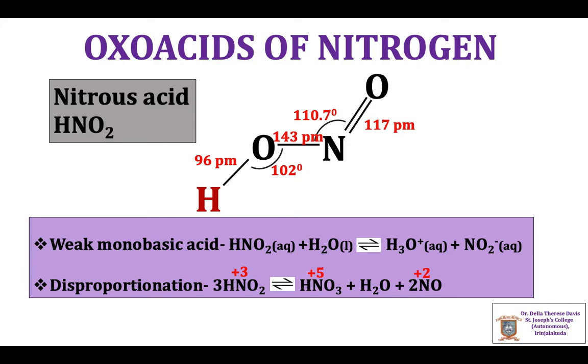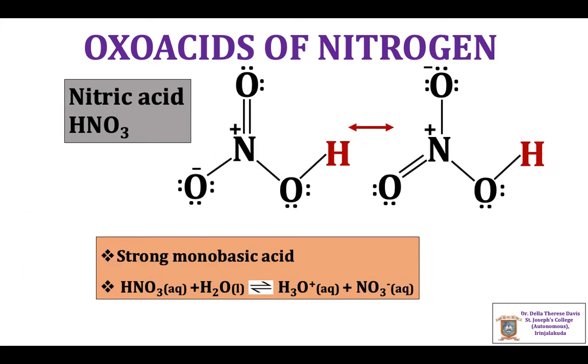Nitrous acid undergoes disproportionation reaction to give nitric acid HNO3 and nitric oxide NO. The oxidation state +3 changes to +5 in nitric acid and +2 in NO. Nitric acid is HNO3.